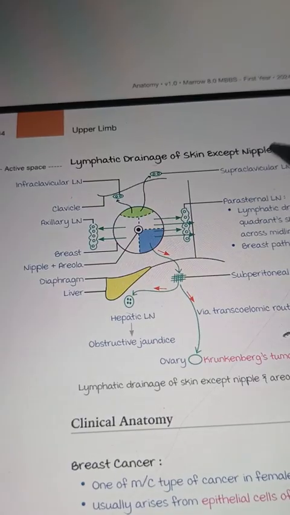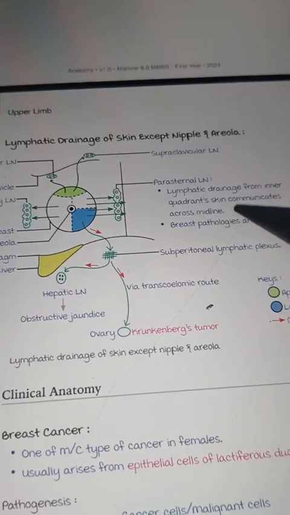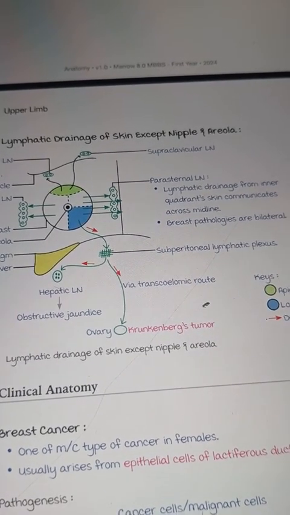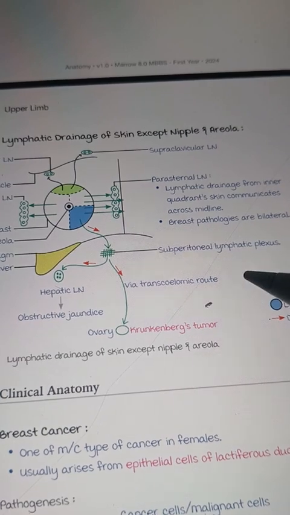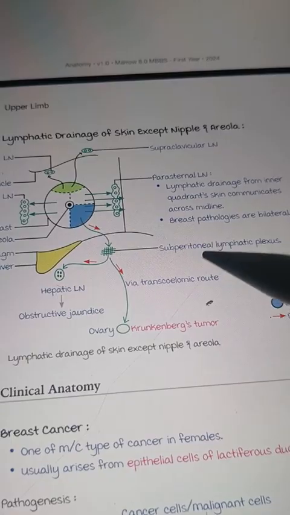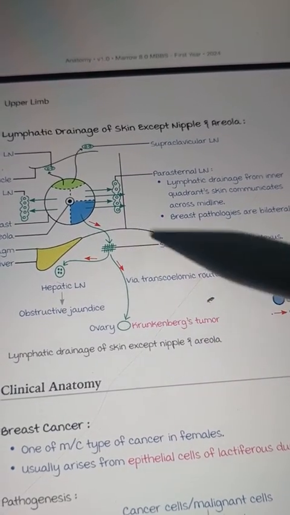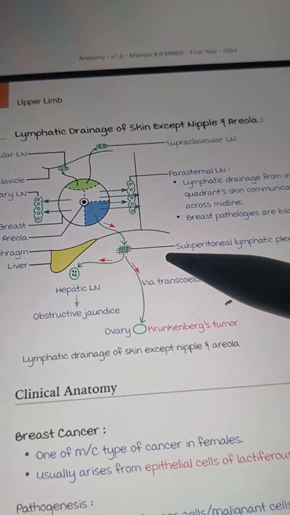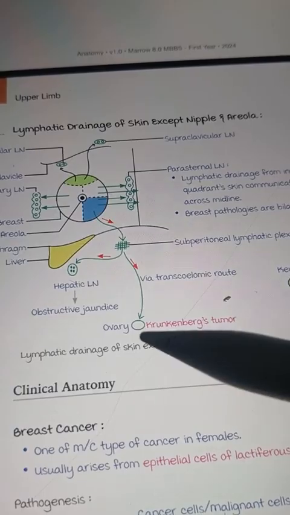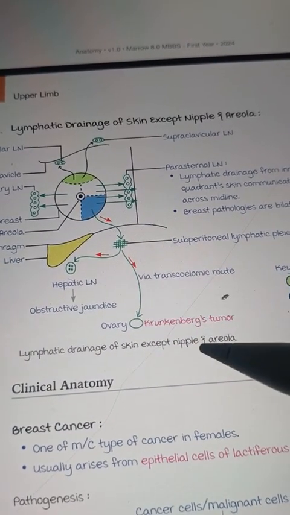Then the inner quadrant drains to the parasternal lymph nodes. Lymphatic drainage from the inner quadrant skin communicates across the midline, so breast pathologies are bilateral in such cases. Along the parasternal lymph nodes, breast pathologies are bilateral. They move to the subperitoneal lymphatic plexuses. Through the subperitoneal lymphatic plexuses, they move to the hepatic lymph nodes and cause obstructive jaundice if any pathology occurs.